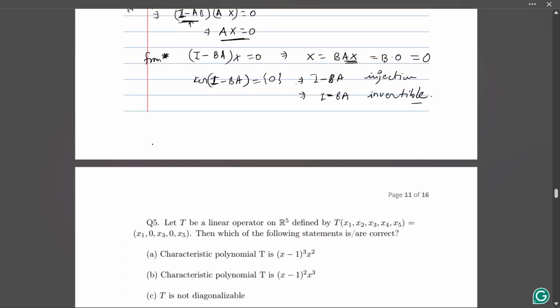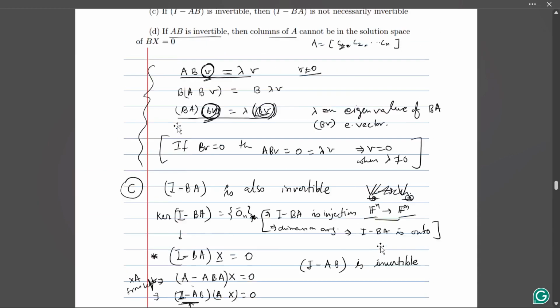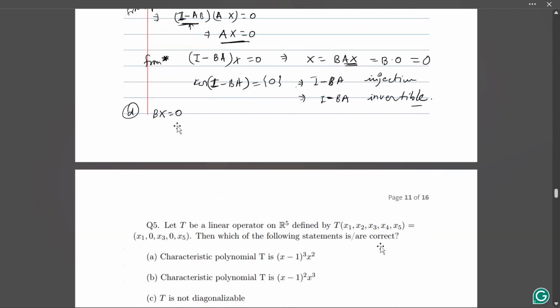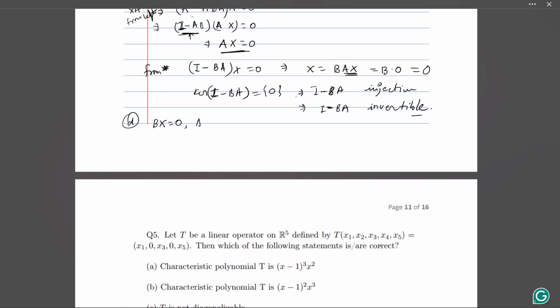See, Bx is equal to 0 is given. AB is invertible. So multiply by A on both sides. Okay, then ABx is equal to 0.